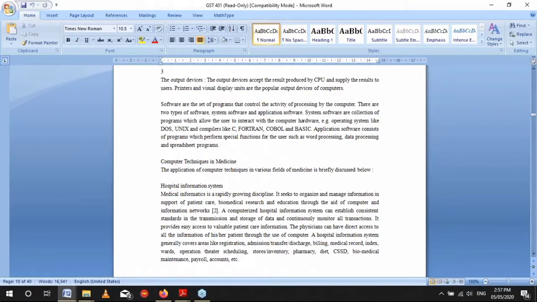It generally covers areas like registration, admission, transfer, discharge, medical records, wards, operation theater, scheduling, and the rest. That is what we mean by hospital information system. Those things that you need under the information system of a hospital. Transfer, discharge, and all other things that need to be documented.